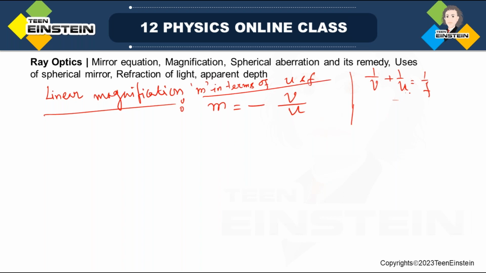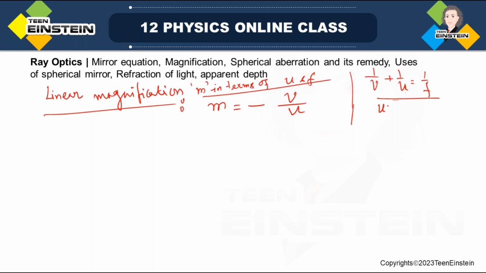So in that case, you have to just multiply u in this equation, u all this side.